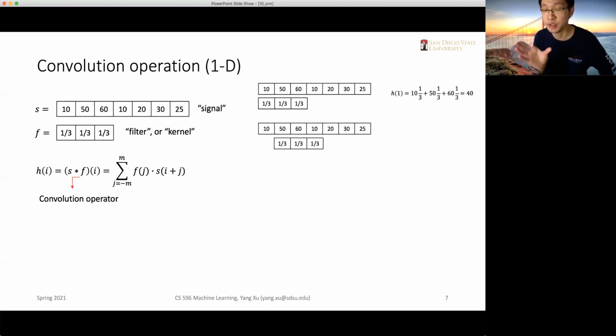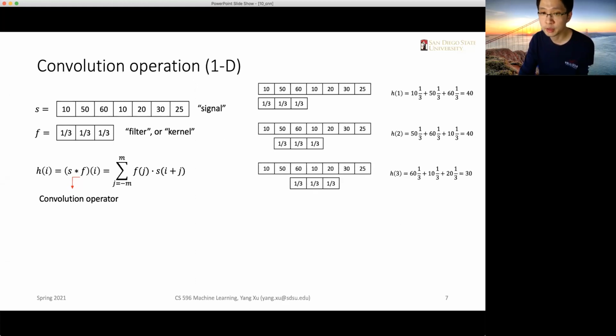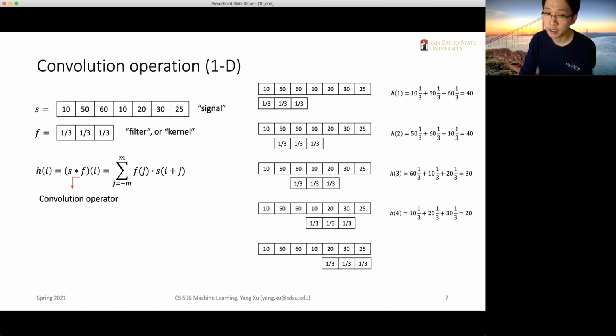We do the same thing, summation of products, to compute the second element in the output signal, which will still be 40. And then the third element, the fourth element, and then the fifth element.